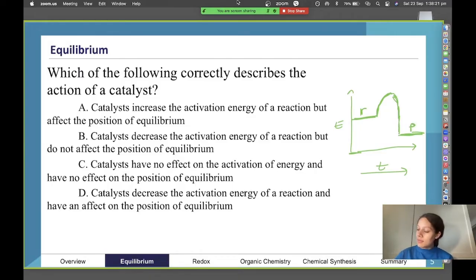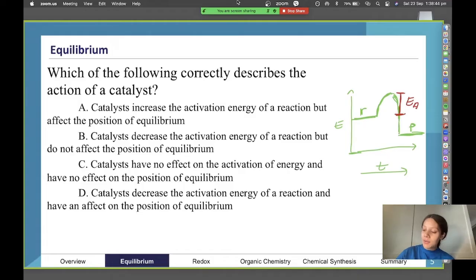If I wanted to label this, this would be our activation energy, EA there. What a catalyst does is that the level of energy in the reactants and the products stays the same, but now there is less energy needed to get over that activation energy and then finish the reaction.